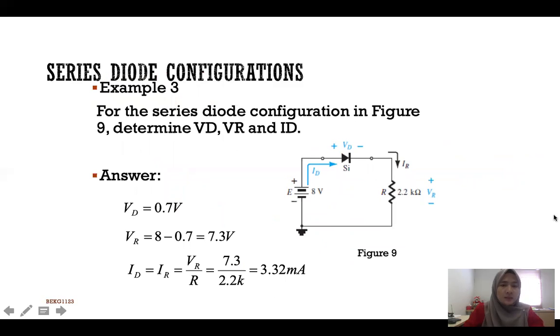Now let's look at example 3. For the series diode configuration in figure 9, determine VD, VR, and also ID.